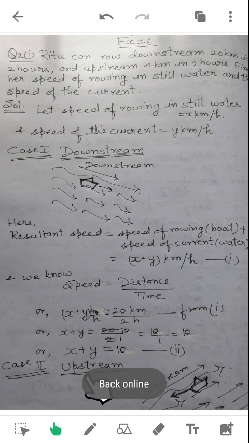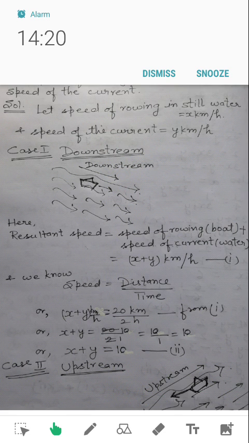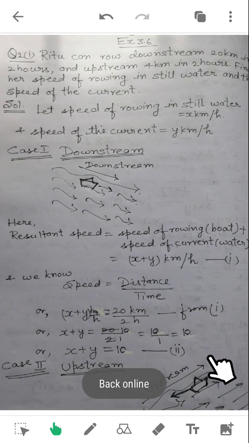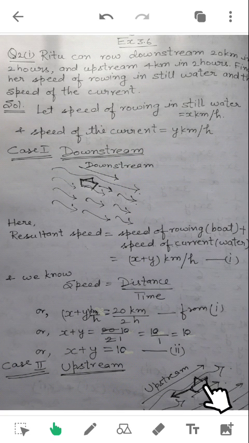Now after this, we are coming to upstream. Upstream is just the opposite of downstream. Upstream is the case when the boat or the ship or the steamer is moving in the direction opposite to the direction in which water is flowing. If water is flowing in this direction, the steamer or the boat is moving in the opposite direction.